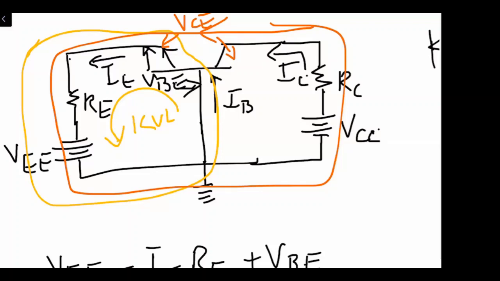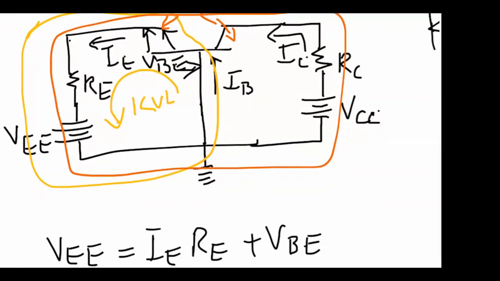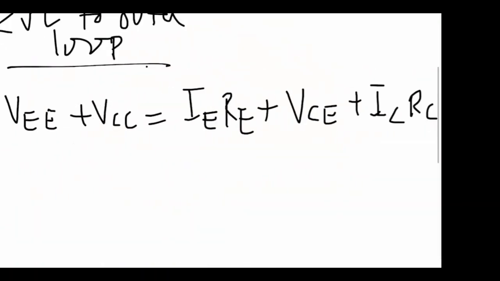So for simplification, adding up, and then there is a drop in the emitter leg which is IERE, plus there is a drop across the collector emitter junction which is VCE, and then there is a drop across the collector leg which is ICRC, right?